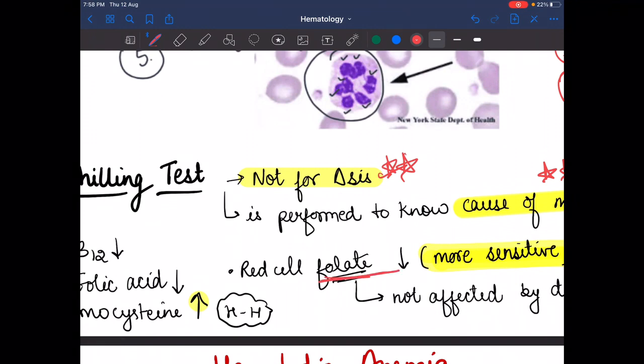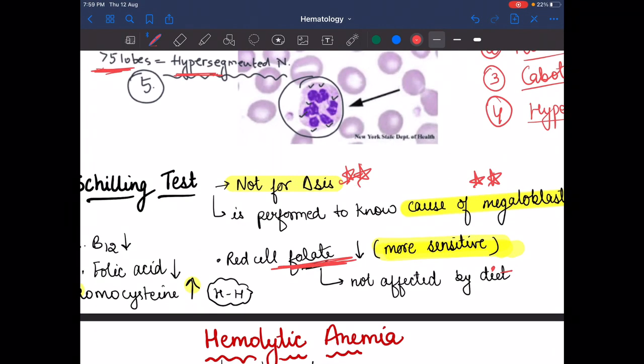If red cell folate is decreased, it is the most sensitive, because red cell folate is never affected by the diet.